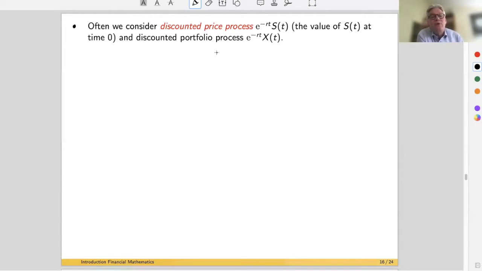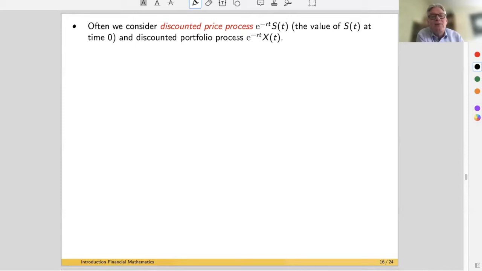Discounted processes represent the value of, for example, the stock price St at time 0. So we discount the price, that is e to the power minus rt St. We are more interested in this discounted price process, and also in the discounted portfolio process. So also the portfolio, we discount back.